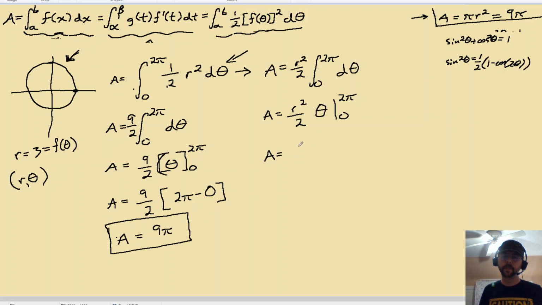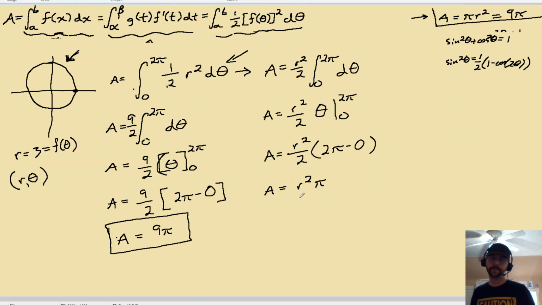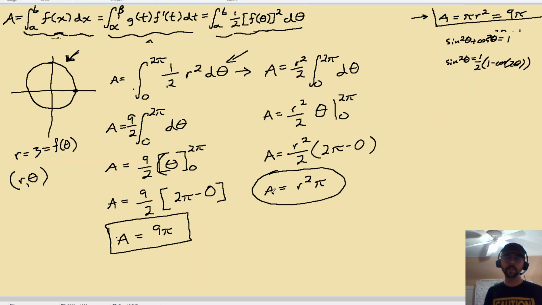Area equals r squared over 2 times 2 pi minus 0. The 2's are going to cancel. We're going to get area equals r squared times pi, or pi r squared. So with this way, it was also very easy to deduce the formula. You can deduce the formula in the same steps with the other ones, but in this one, there were no other variables to confuse the r with. So yeah, there you go.